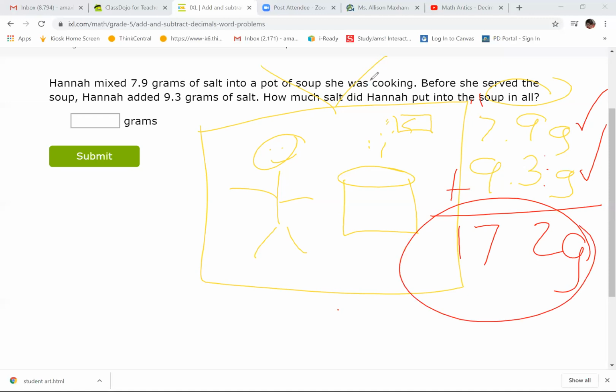Let me think about this. She first had 7.9 grams, which is about 8, right? It's really close to 8. And then she added another 9. No, that's 17. So how did I get 172? I did something wrong. What did I do wrong?